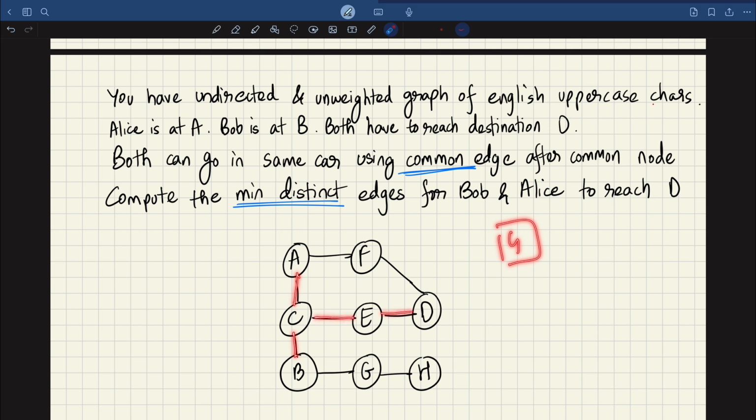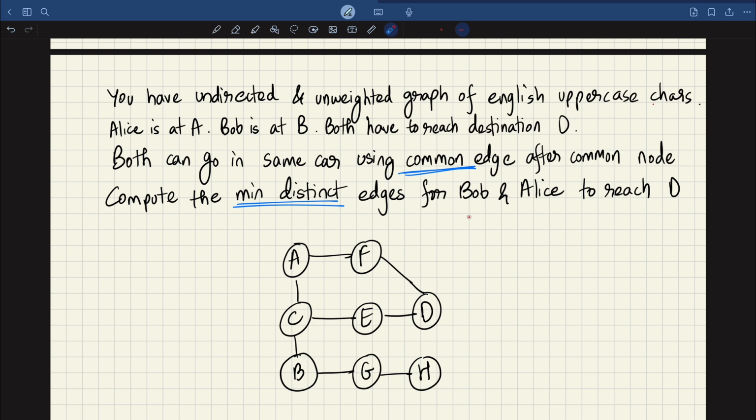So all these edges would be considered only once. So 1 plus 1 plus 1 plus 1 is nothing but 4. I hope you understood this question. Now you can pause the screen and try to solve this question on your own.